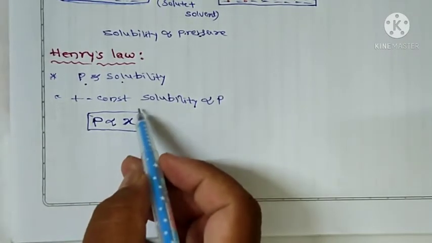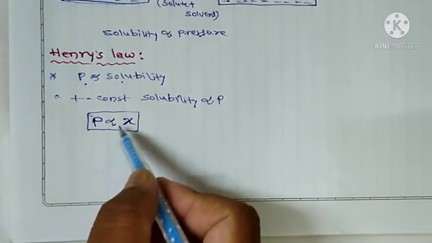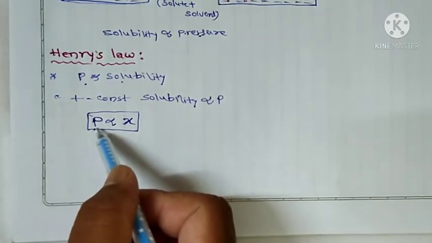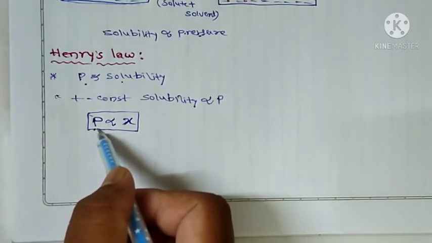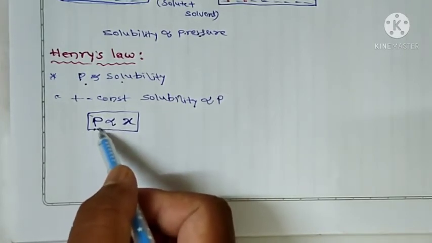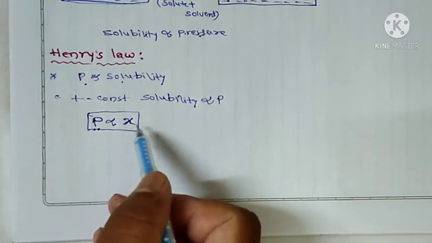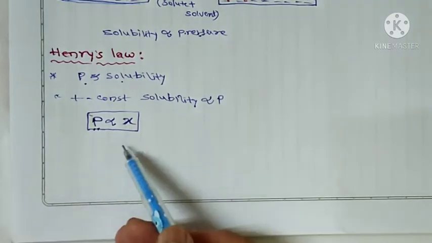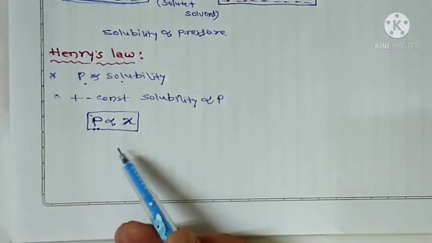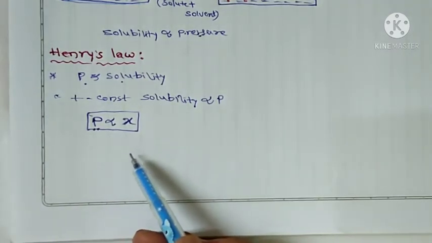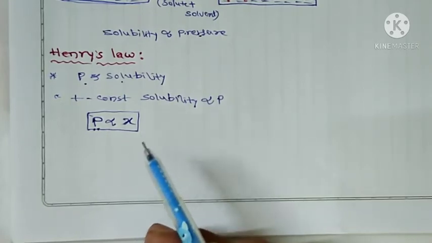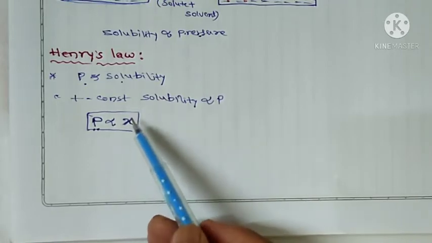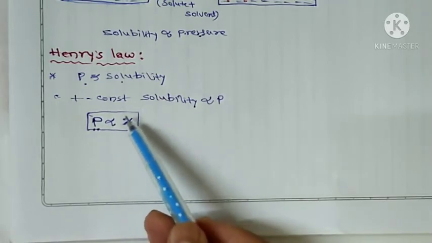We know that mole fraction is a ratio between the number of moles of one component and the total number of moles of all components.